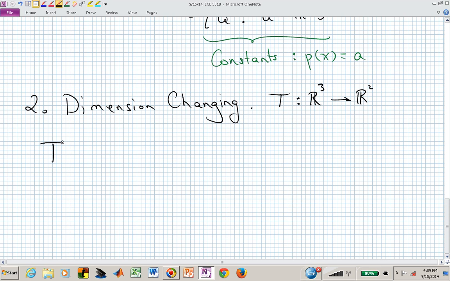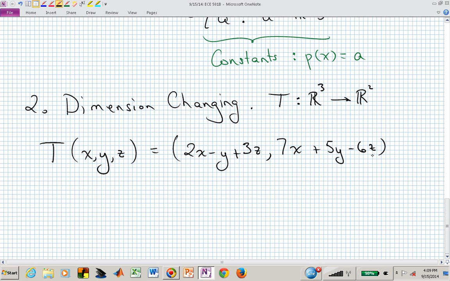For example, let's say we have a map on a 3 vector x, y, z, that now takes us to 2x minus y plus 3z, comma, 7x plus 5y minus 6z.